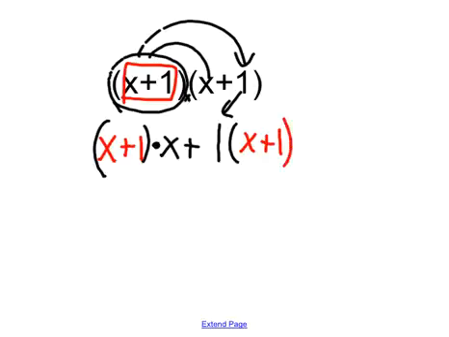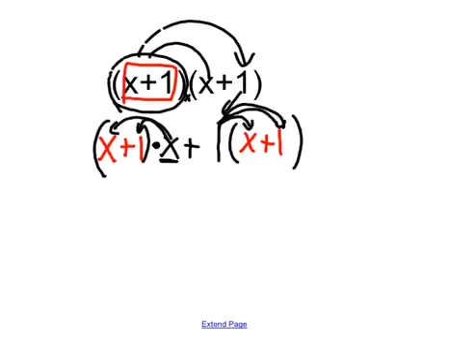Okay, so there we go. And just to keep consistent, I'll keep this bracket in black. All right, so I need to multiply this x times this x and this x times this 1. It doesn't really matter that this x is after this x plus 1. And I'm also going to do the same thing here. This 1 gets multiplied times that x, and also this 1 gets multiplied times this 1.